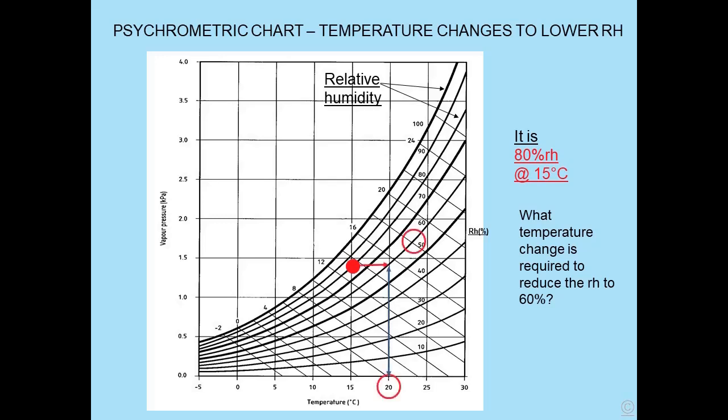We simply project the line horizontally across to the 60% RH line and then drop a perpendicular. And what does that tell us? It tells us that in order to get a relative humidity of 60%, much lower, under those current conditions of 80% RH at 15 degrees, we need to increase the temperature to 20 degrees.